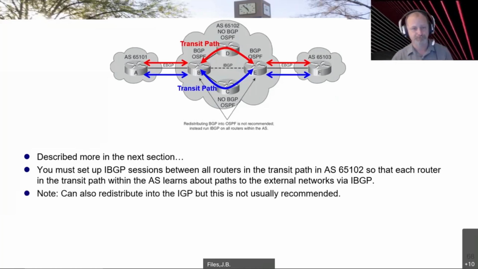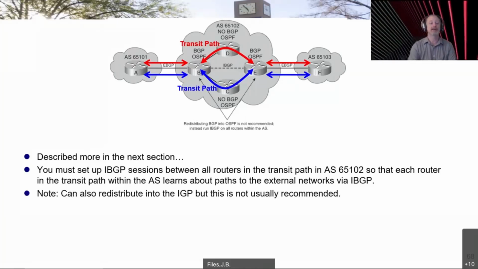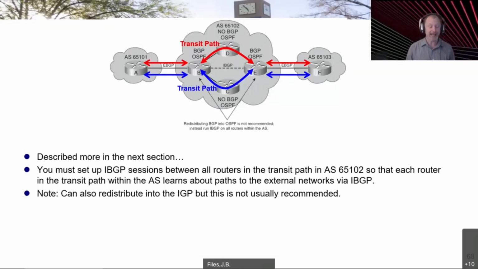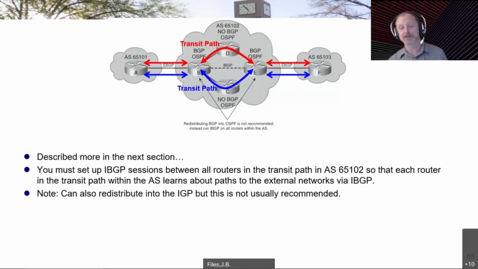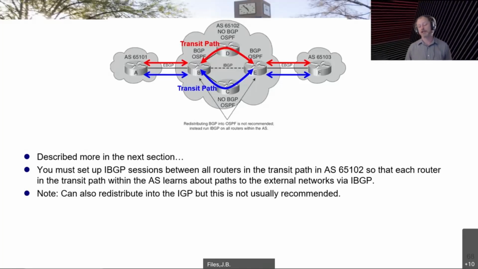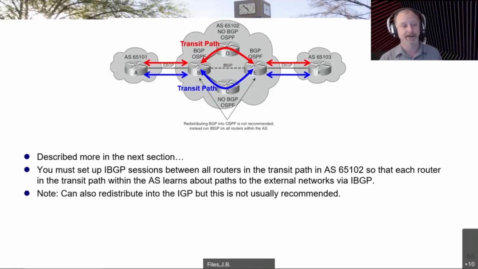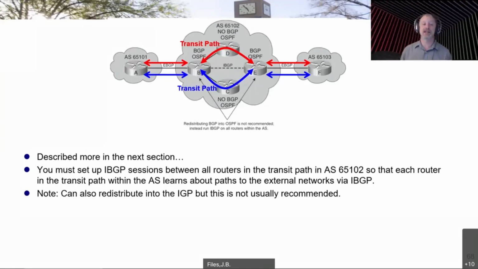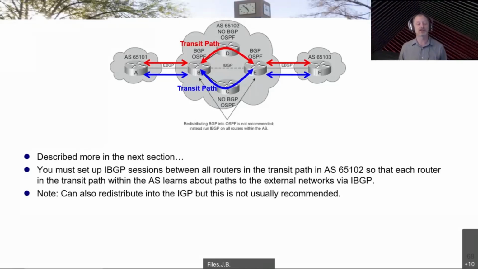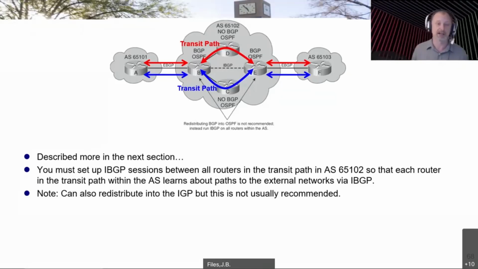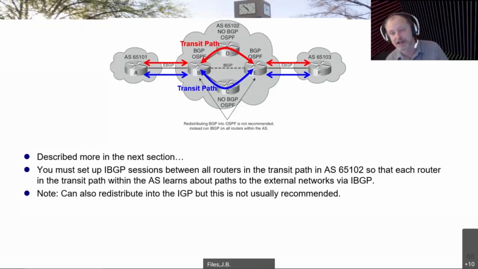So we're going to use that transit path to propagate BGP advertisements within our own network and possibly out the other side. The other way of doing it is to redistribute the BGP routes into our interior routing protocol, but that's generally not done, especially if you're using full internet routing tables.